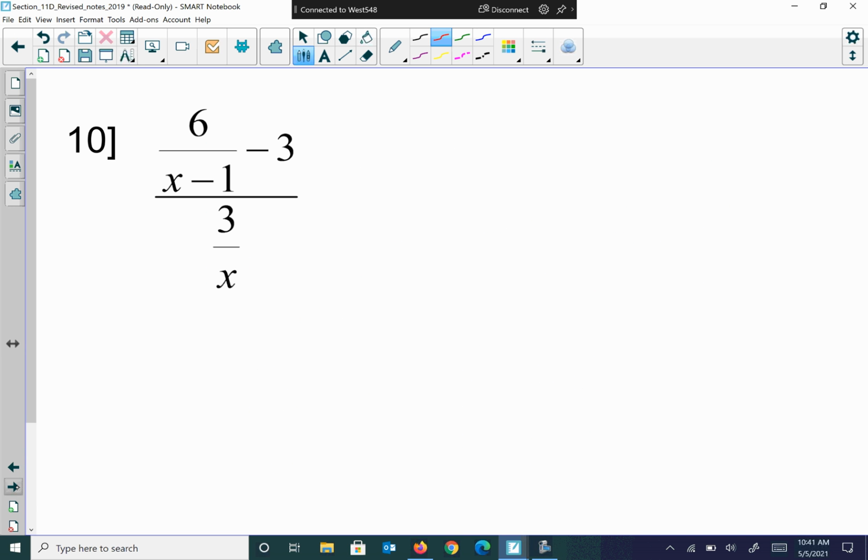Okay. Complex fraction. There is no equal sign, so we're not solving it. So I'm going to take the top. I'm going to make this x minus 1 on bottom. And this is again x minus 1 here. So on top, I'm going to get this, which gives me negative 3x plus 9.